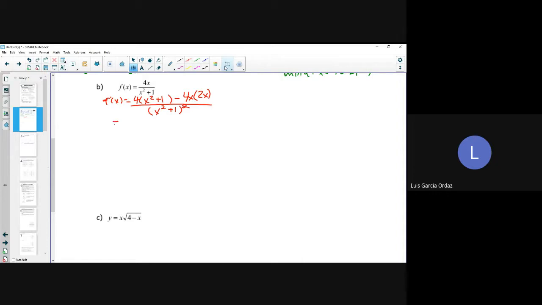So I'm going to factor this out. So I get -4x squared plus 4 when I expand and simplify, which means that my factor is -4. So I'm left with x squared minus 1 divided by x squared plus 1 all squared. So what can I do with my numerator?